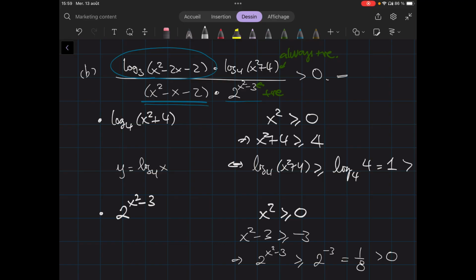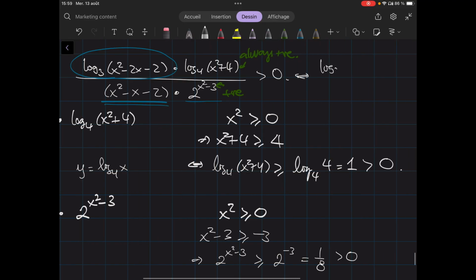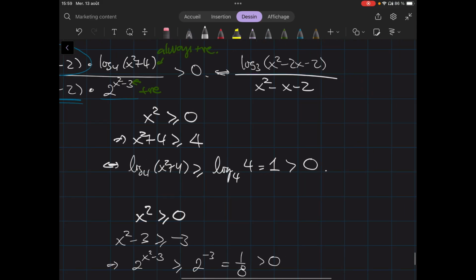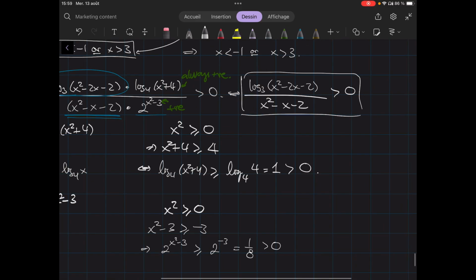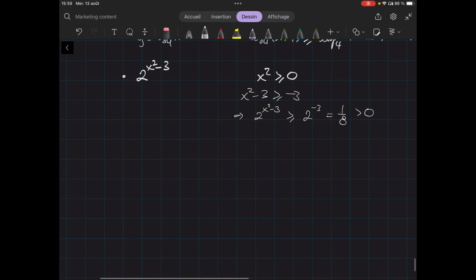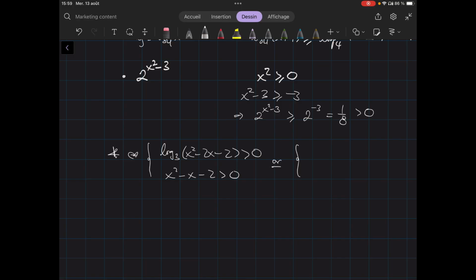This inequality is equivalent to log base 3 of this guy divided by that guy, greater than 0. For the star inequality to be true, either both the numerator and the denominator are positive, or both of them are negative.